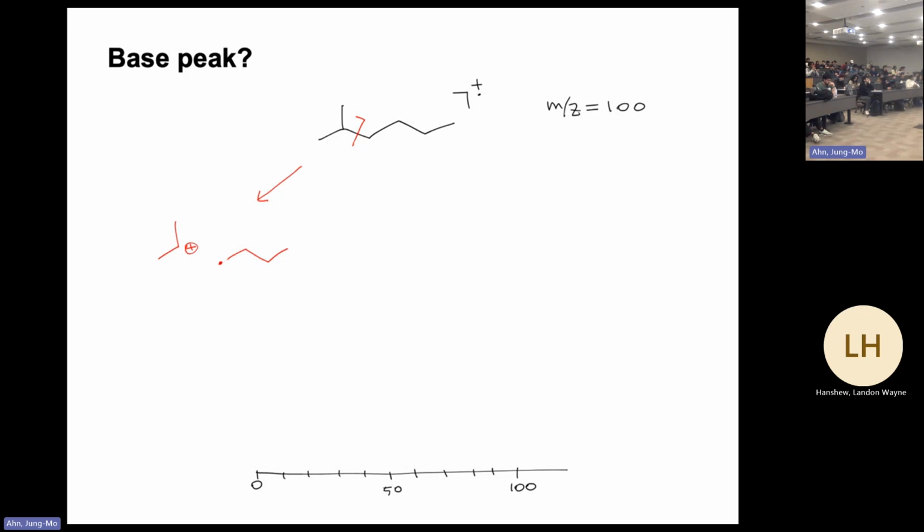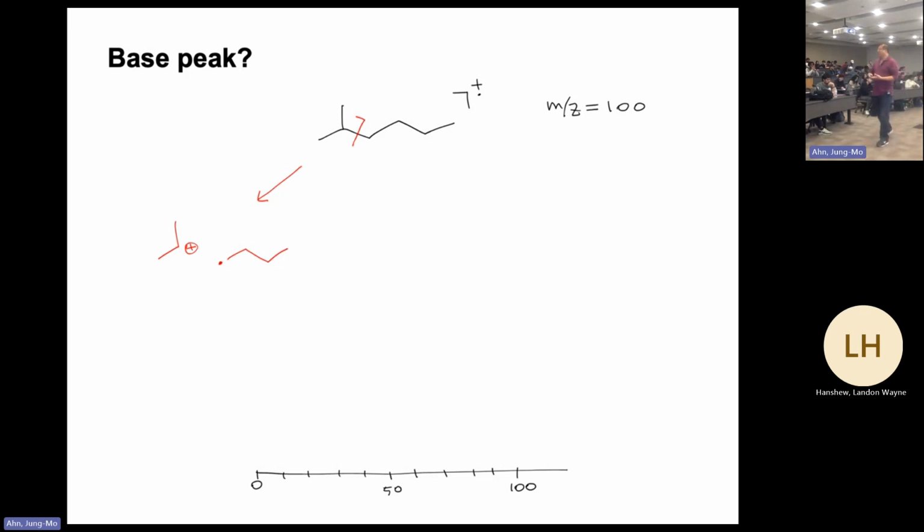If you break this bond and put the cation on that side, you're going to get the secondary carbocation, which is probably one of the best things for the molecule. They also make the primary radical, because the other side is going to be the radical and this side the carbocation.